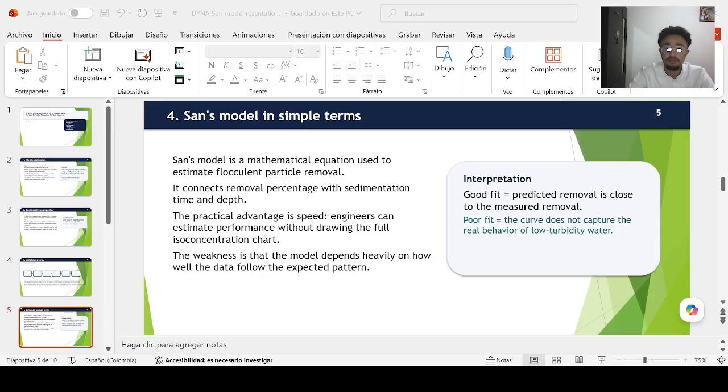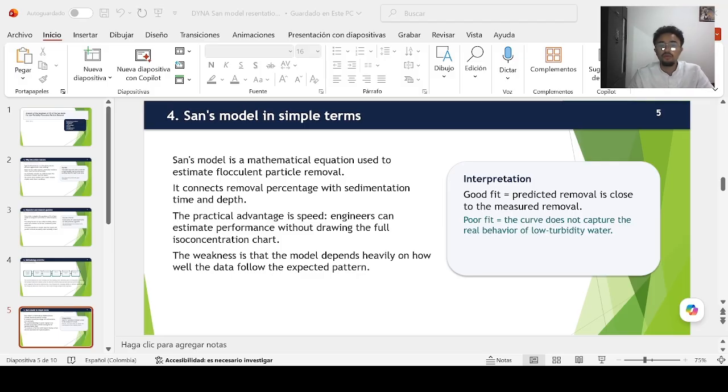Engineers can estimate performance without drawing the full graphical methodology every time. However, the model is only useful when the experimental data follow a stable pattern. In that sense, the model is helpful, but it still depends on the quality and the regularity of the water behavior being analyzed. That is the SAM model.